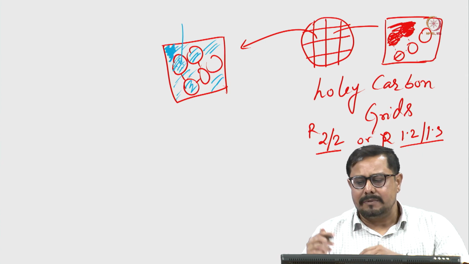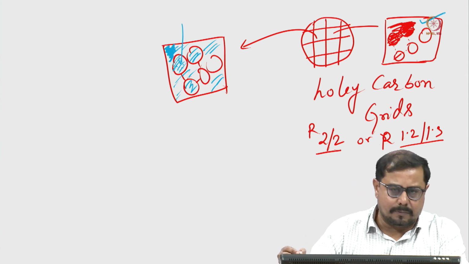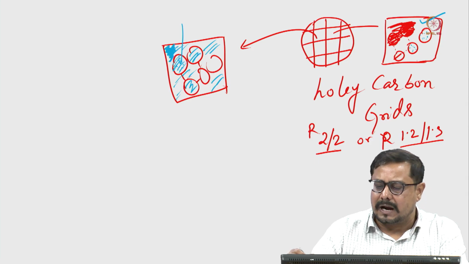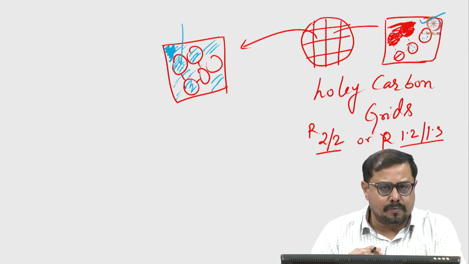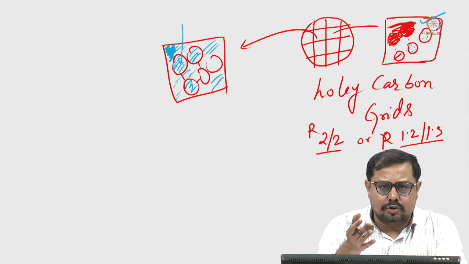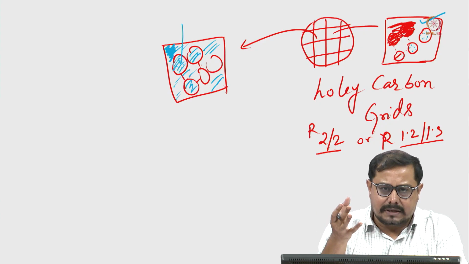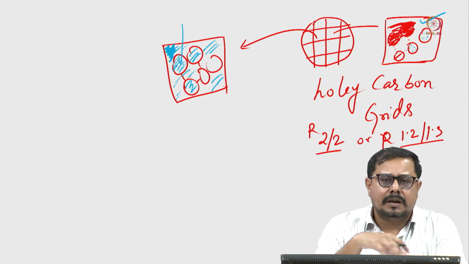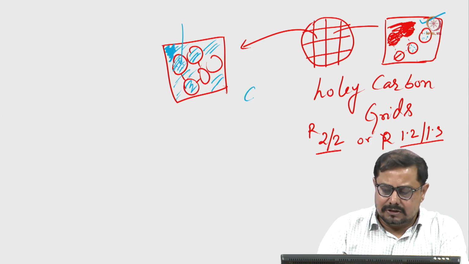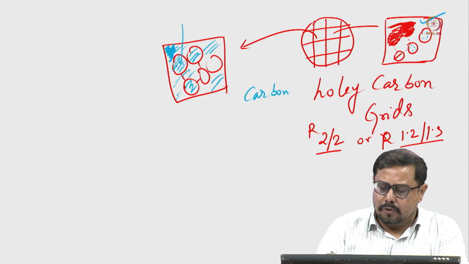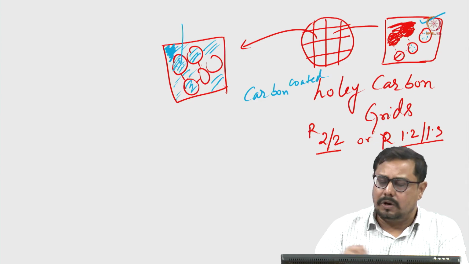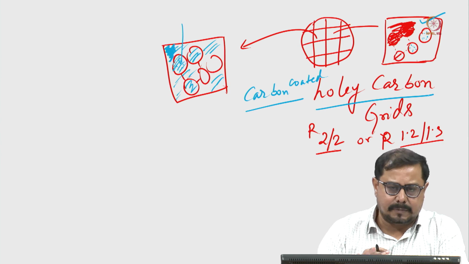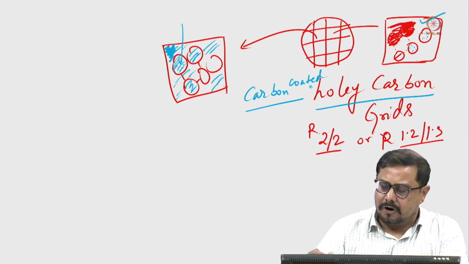That is the reason sometimes we take this kind of holey carbon grid and coat it with carbon, or commercially carbon coated holey carbon grids are also available for special purposes, like ribosome or some kind of very large complex which cannot stay inside the hole. We can use this kind of grid for cryo freezing. This is called a carbon coated holey carbon grid.